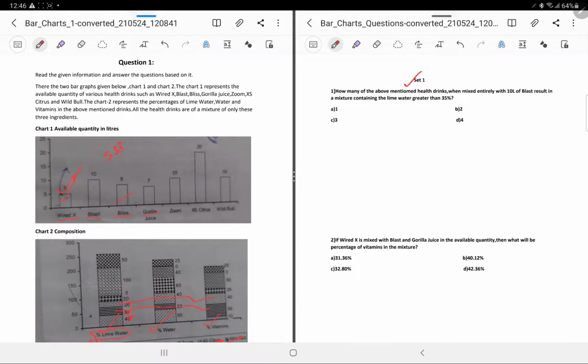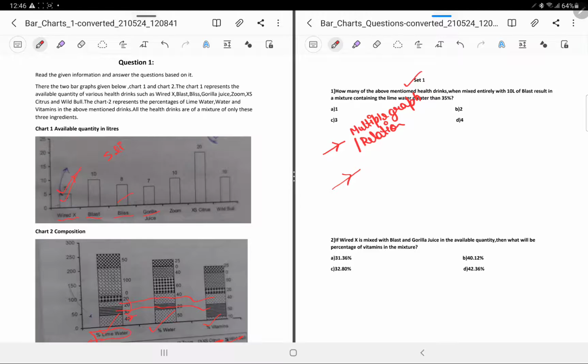See, the beautiful thing is, I told you multiple graphs having some relation. So this is a beautiful example of question type 1. Second, what they could have done is that for this percentage of the lime water, they could have given different types of graphs.